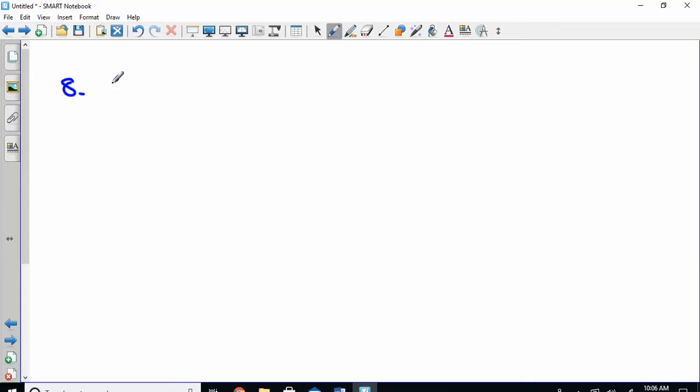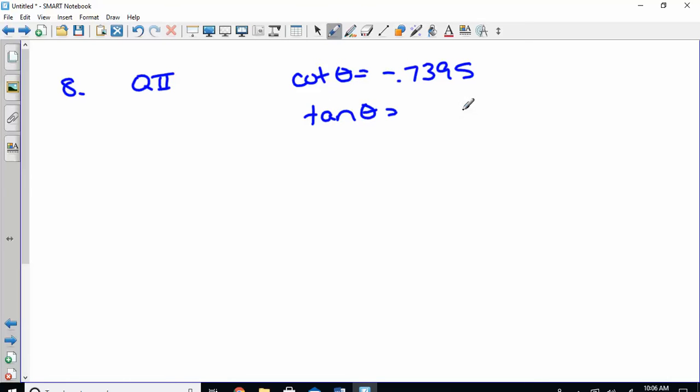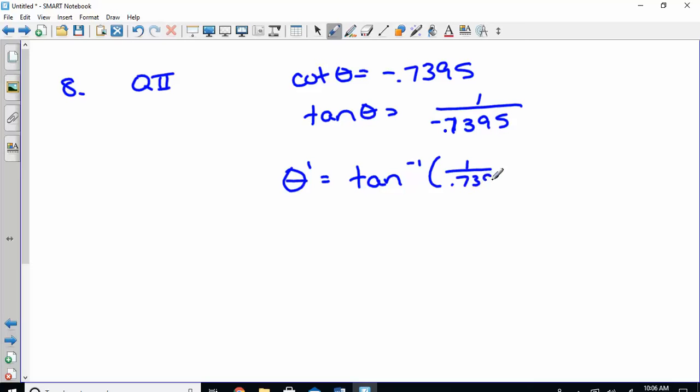So I told you the quadrant. We're in quadrant 2. Cotangent is -0.7395. So to move it to the other side, it has to be inverse, but we don't have a cotangent inverse. So first, what I have to do is think of this in terms of tangent. That means tangent is the reciprocal. When we put it in the calculator, we do the positive only to get our reference angle. So your reference angle is tangent inverse of 1 over 0.7395.